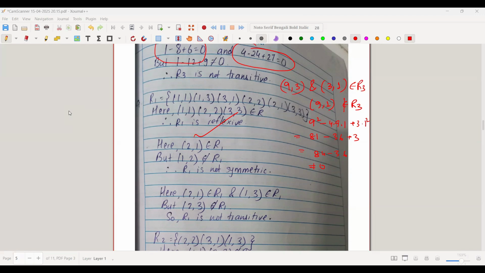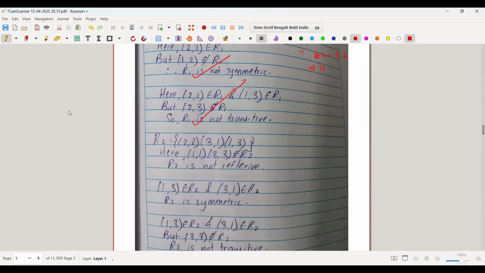So this is not symmetric. 2 comma 1 and 1 comma 3 is in R1, so this is also not transitive.